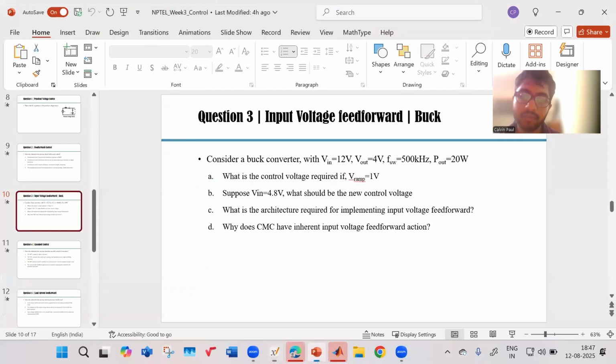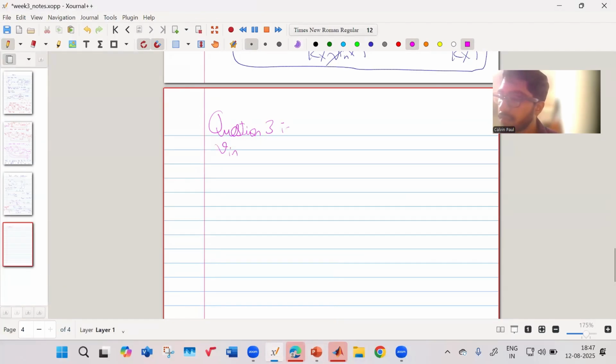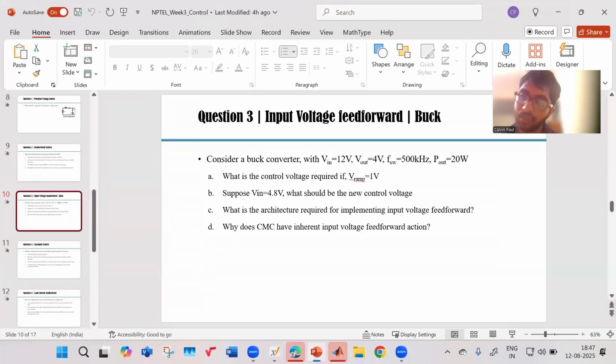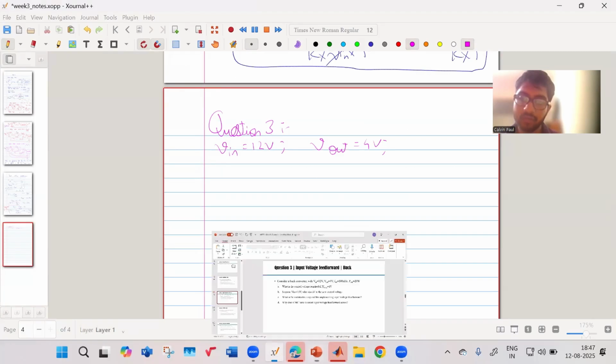So what do I have? Input voltage 12 volt, output voltage 4 volt. They are saying switching frequency is 500 kilohertz, output power is 20 watt.